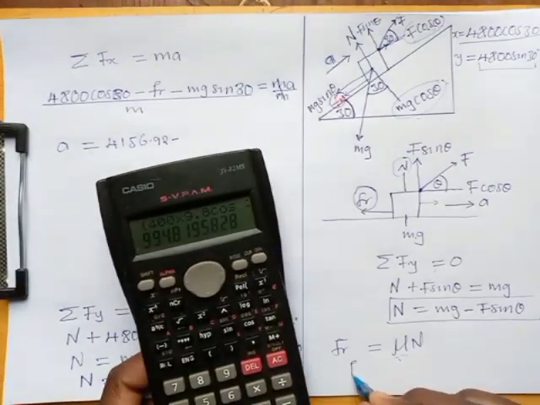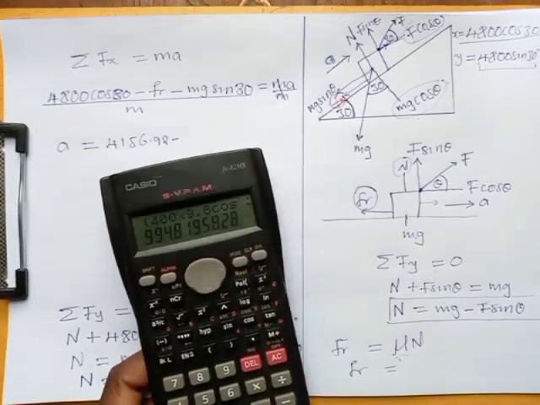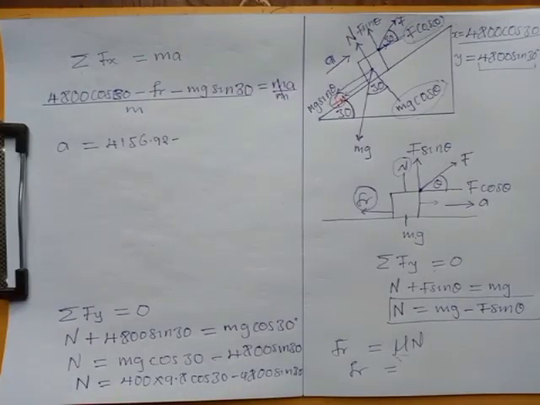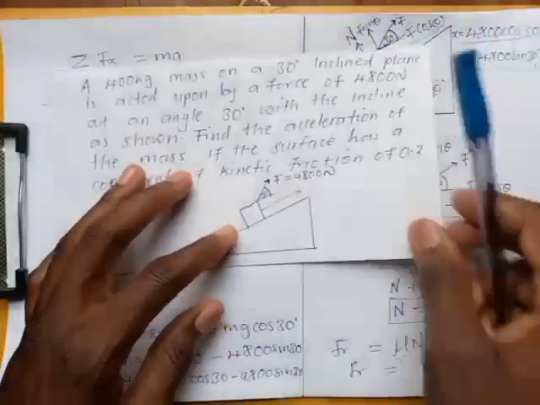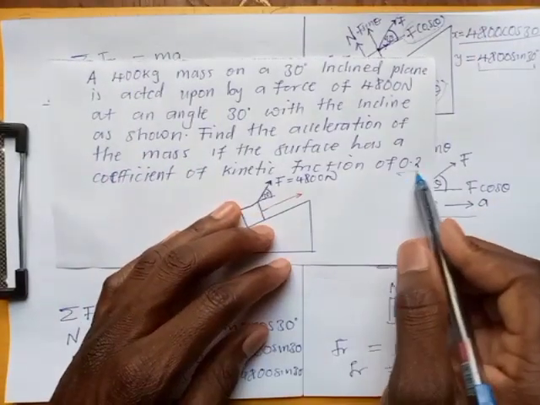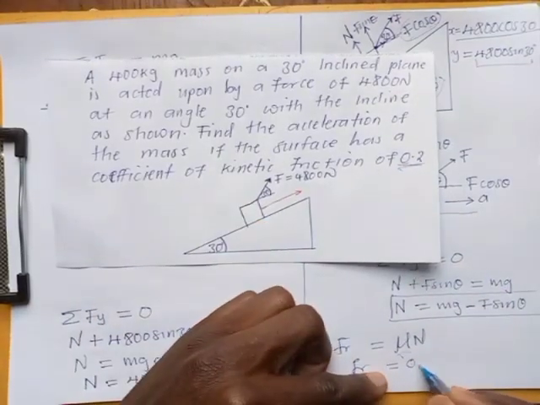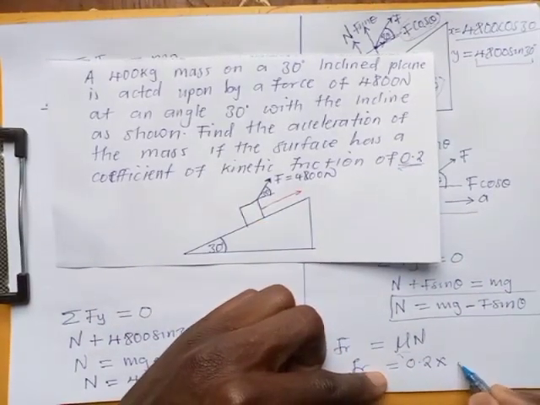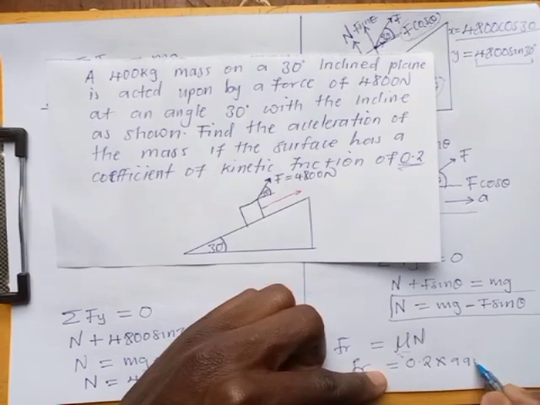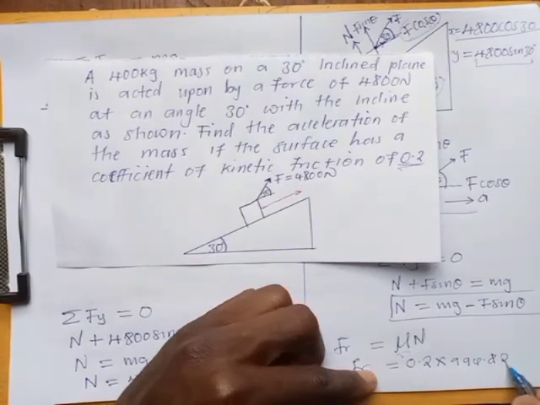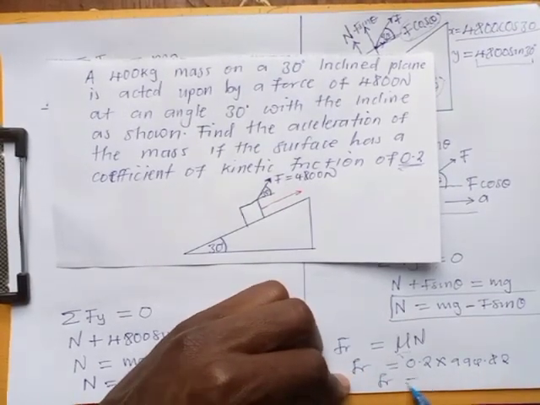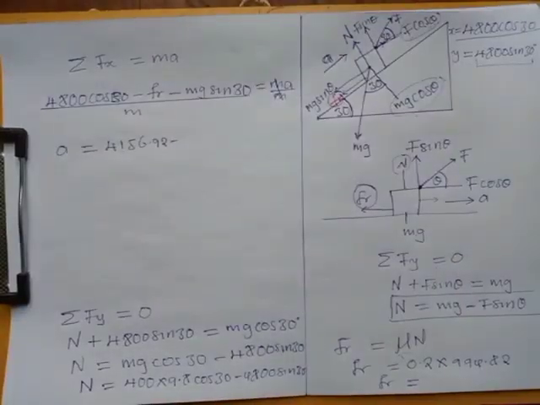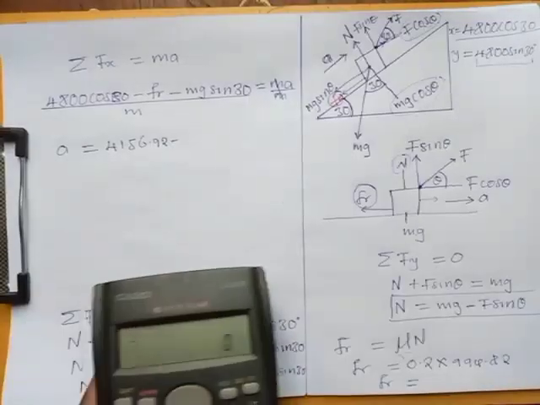994.82. So meaning that friction force is going to be equal to, what is the coefficient of kinetic friction that you've been given at this point? It has to be 0.2.